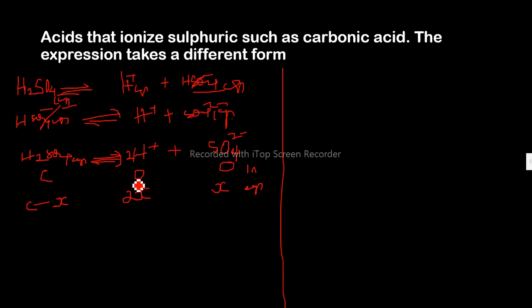For the degree, we shall put alpha, so X becomes alpha C, the hydrogen ions are 2 alpha C, and the acid is C minus alpha C. Then you substitute and find the Ka. And it's as simple as that.